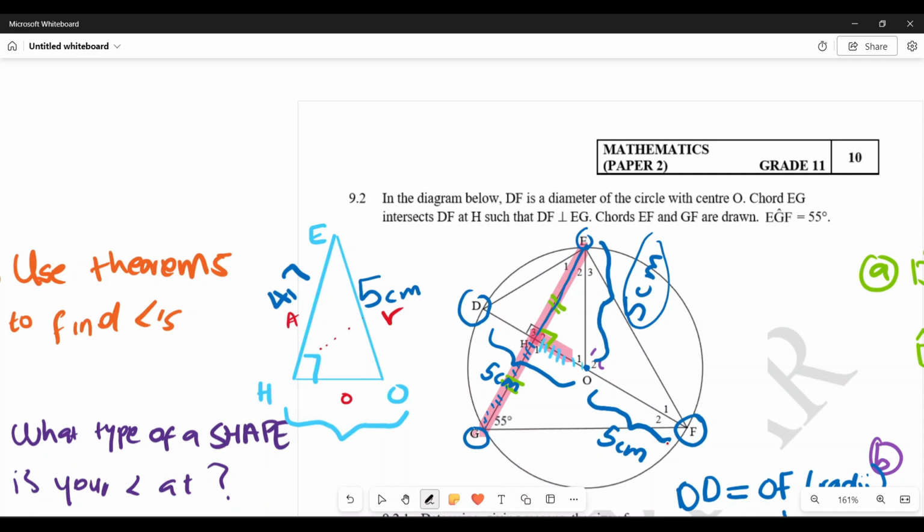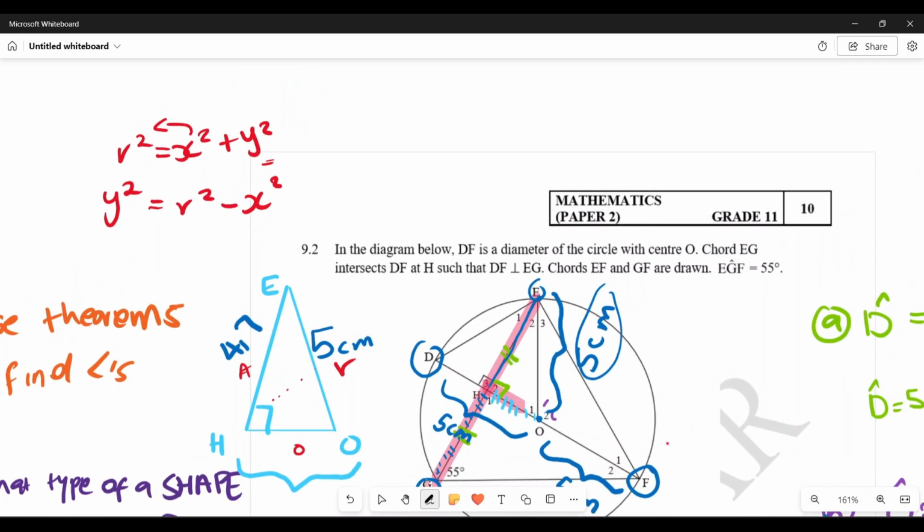So now I'm going to say, okay, r squared is equal to x squared plus y squared. Now I'm trying to solve for my y squared in this instance, so I'm going to make this in terms of y squared. So y squared is equal to, taking the x to the other side, r squared minus x squared.